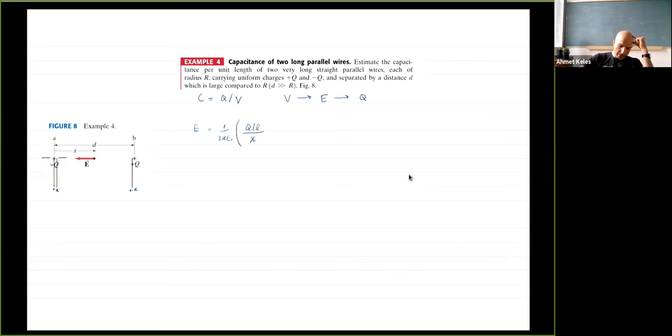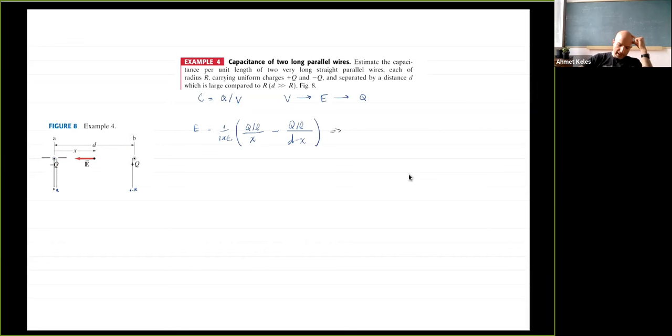So this is the positive contribution, plus Q over L divided by the distance from the other wire. I need to calculate this one. If this distance is x and the wire separation is D, this distance is D minus x. And that's the total electric field.